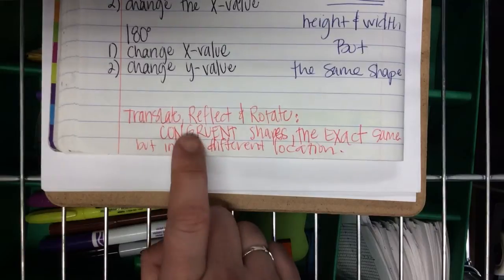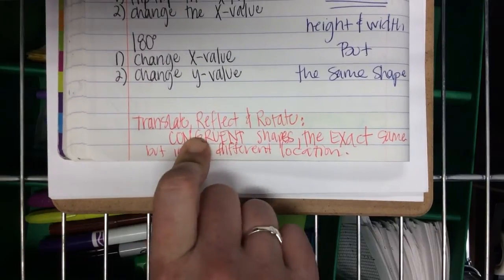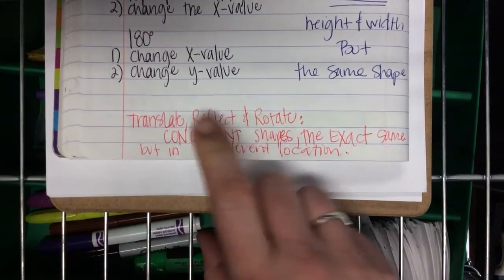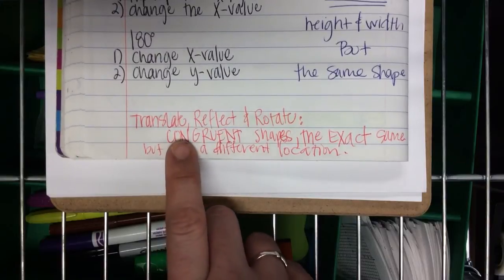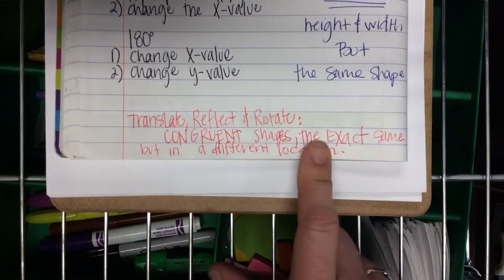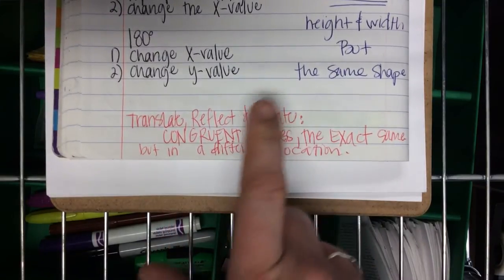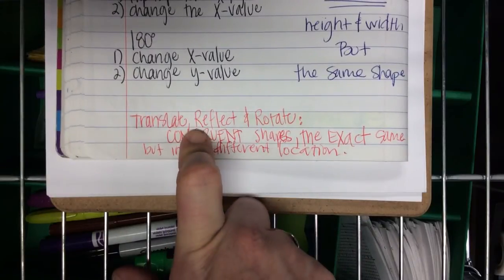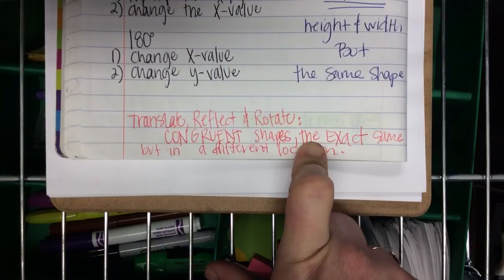Translating makes congruent shapes. The shape doesn't change, its location changes. Reflecting makes congruent shapes. And rotating makes congruent shapes. The shape doesn't change, just where it's located changes.